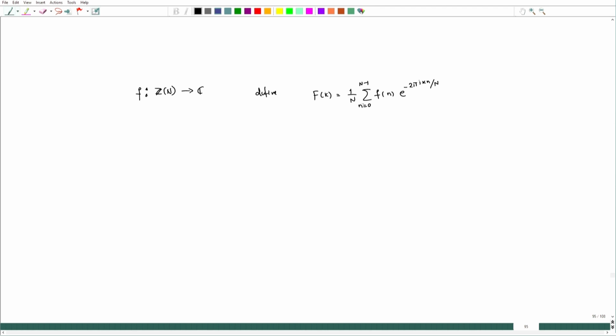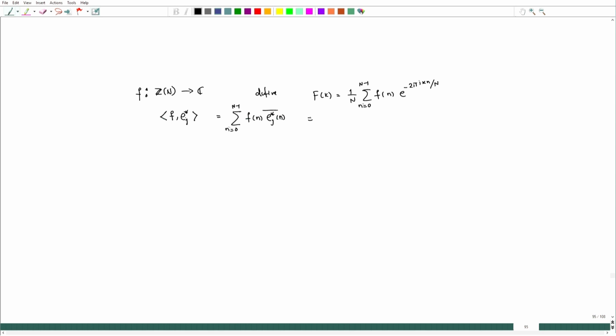So, now if I look at the inner product of f with E j star, then this is going to be the summation over n from 0 to N minus 1 of f of n times E j star of n bar.